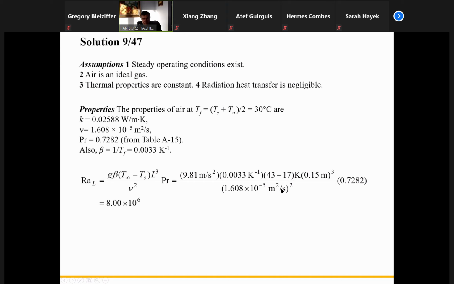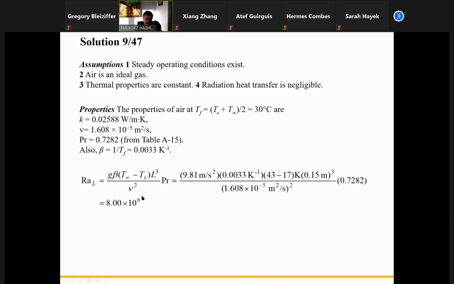My friend, remember, because I know some of you have this tendency to forget, this is to power 2, this is to power 3. Based on my experience of the past 25 years, 30 years, somehow some of you are missing this power in your calculation. Kinematic viscosity to power 2, characteristic length to power 3.